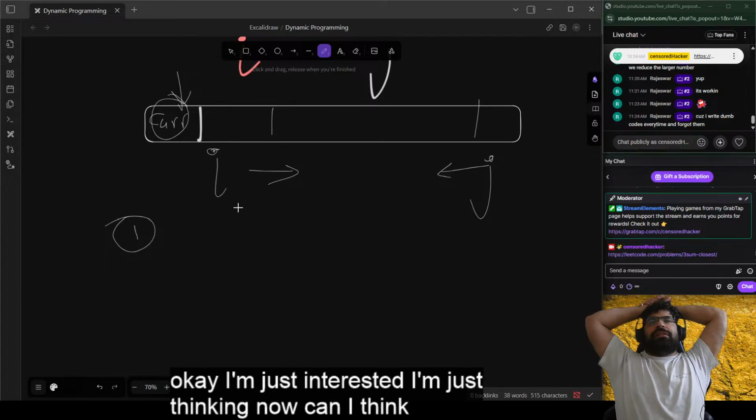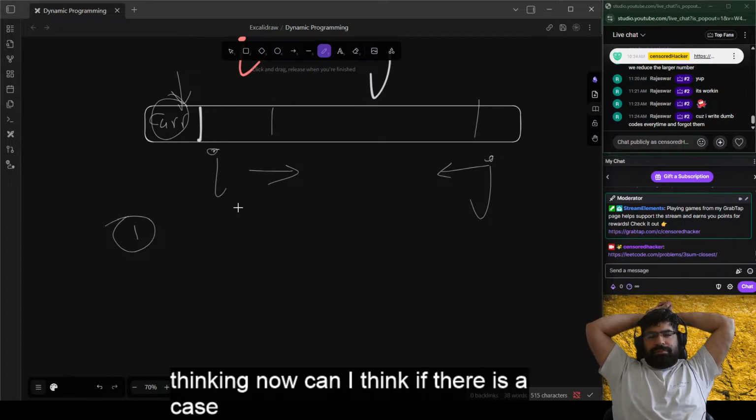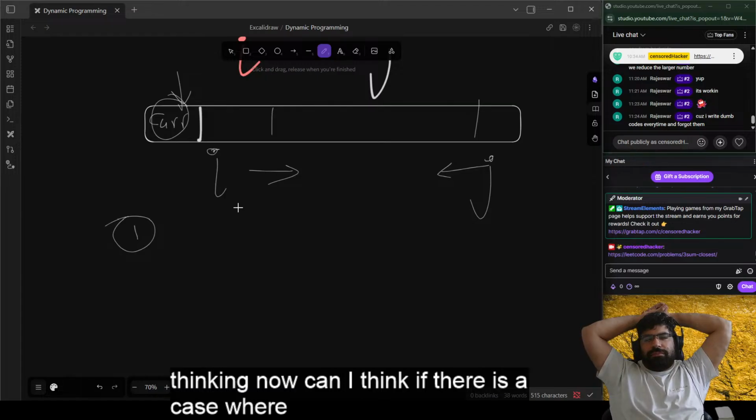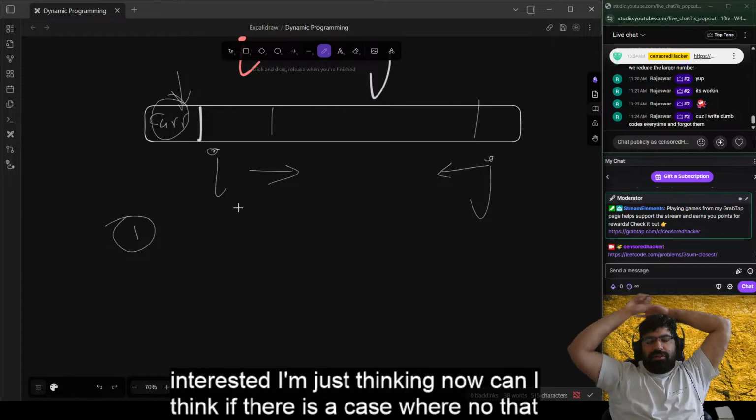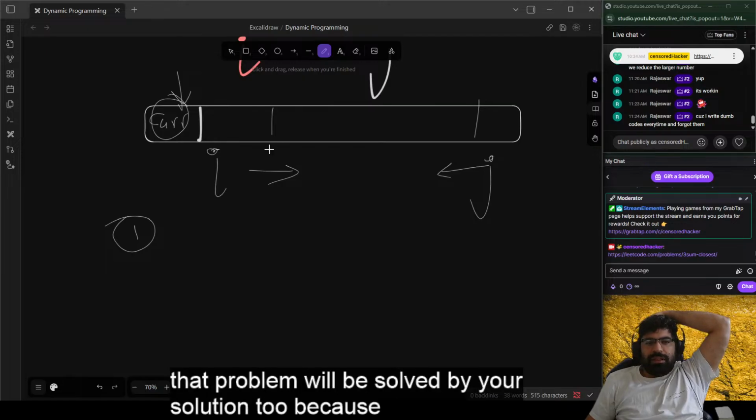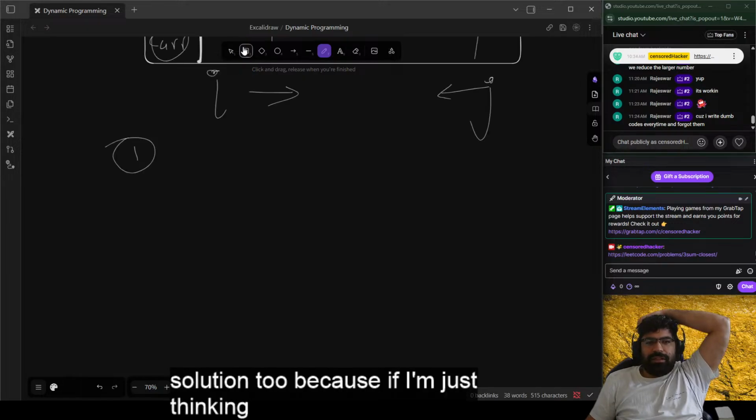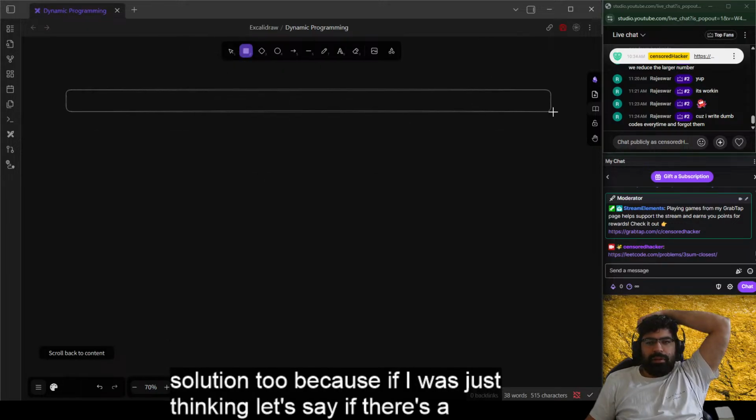Can I think if there is a case where, no, that problem will be solved by your solution too? Because I was just thinking, let's say there's an array, a big one, right?